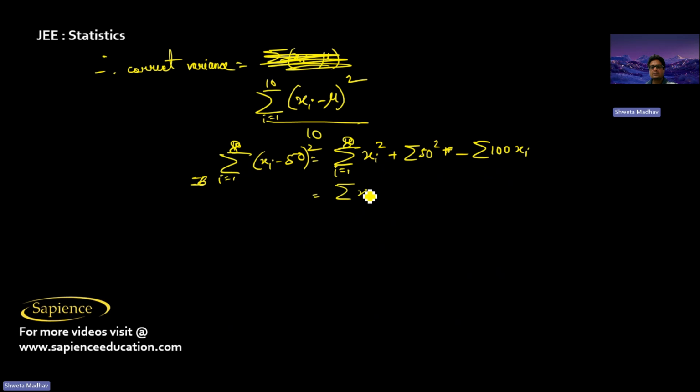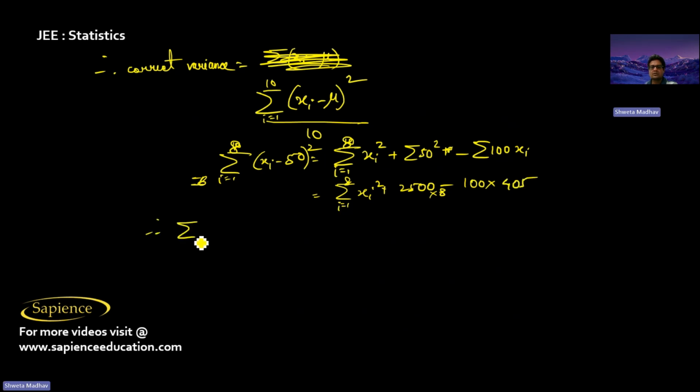I can say this is summation xi square, i goes from 1 to 8, plus 2500 into 8, minus 100 into summation xi, which is 405.